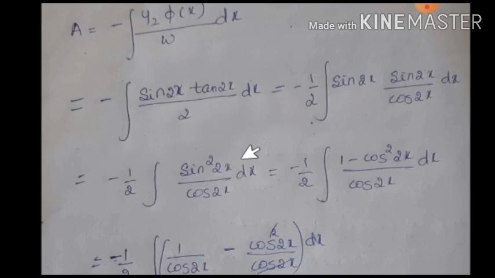Sin square 2x can be written as what? 1 minus cos square 2x. Now this integral you can separate: 1 by cos 2x minus cos square 2x by cos 2x, where one of the cos 2x terms gets cancelled.